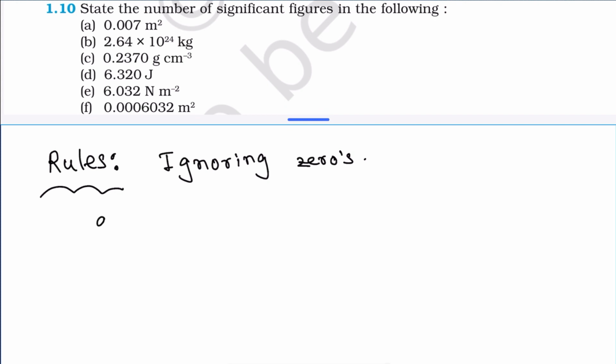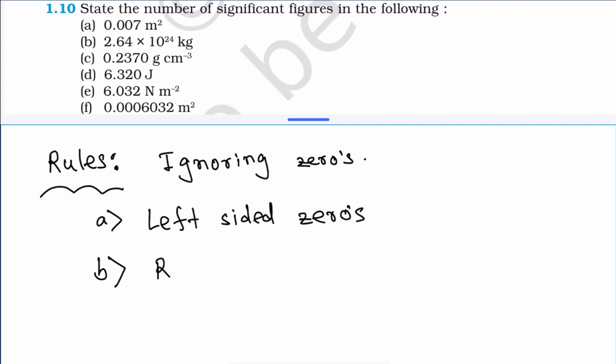Which zeros do you have to ignore? Left-sided zeros. I have told you, left-sided zeros are the zeros you find when you move from the left side until a non-zero number comes. That is always to be ignored. And the second one is right-sided zeros.